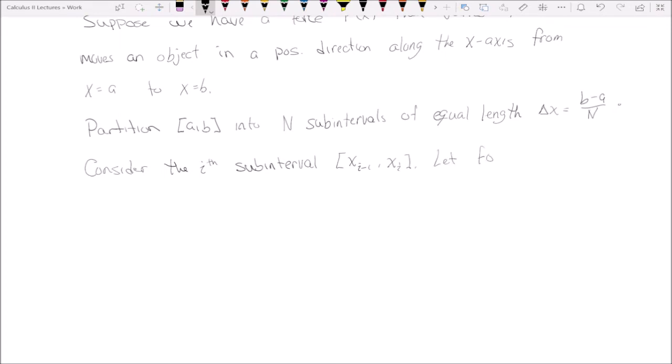Furthermore, we're going to let the force applied over this interval be f of x sub i.